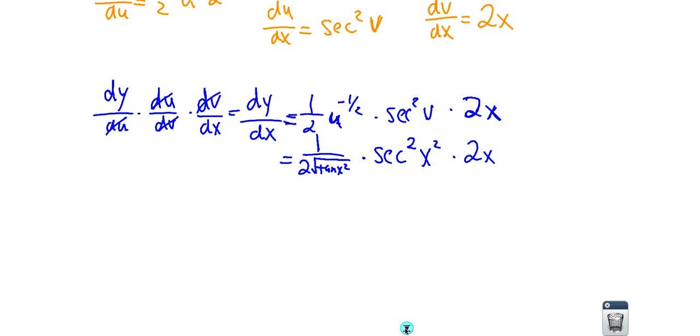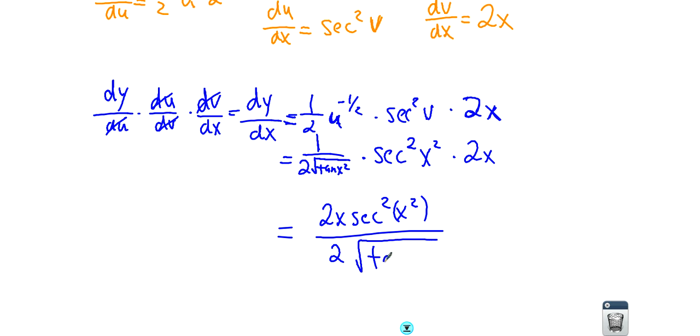And when we finish, by simplifying, we get 2x secant squared x squared all over 2 square root of tangent x squared.